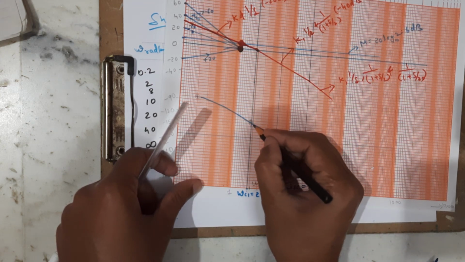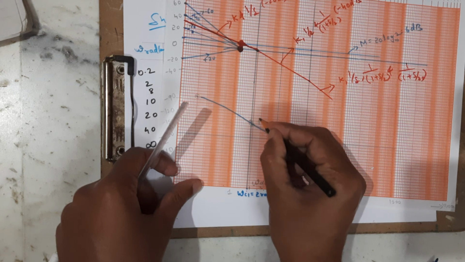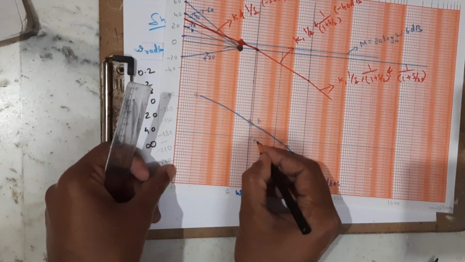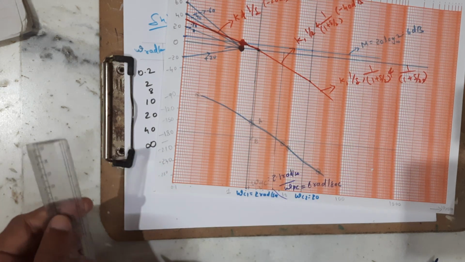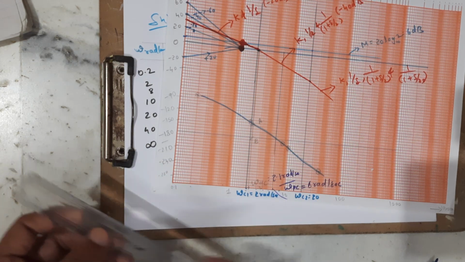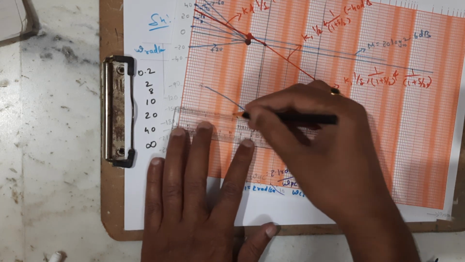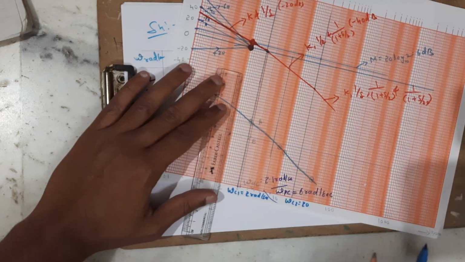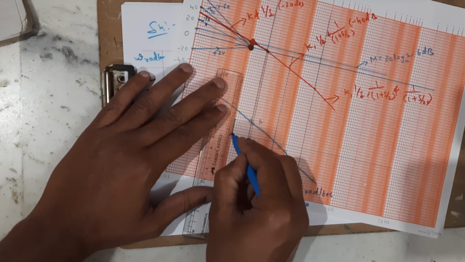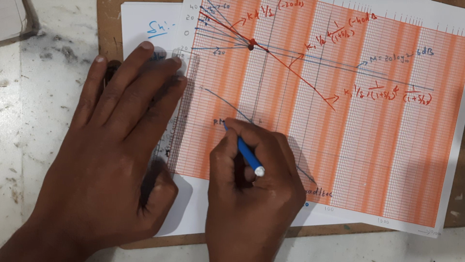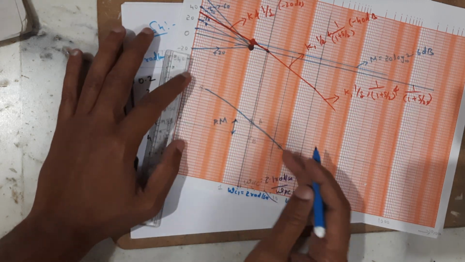So it intersects the phase angle at A and the reference line at B. Okay, so this is the phase margin. Okay, this represents the phase margin. I hope you got it. Phase margin from A to B.